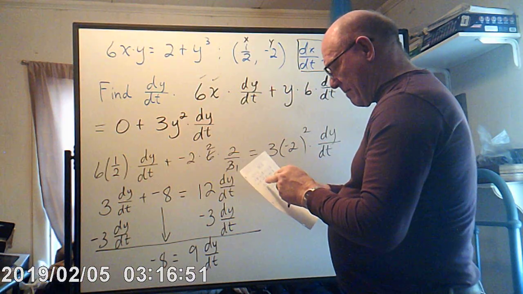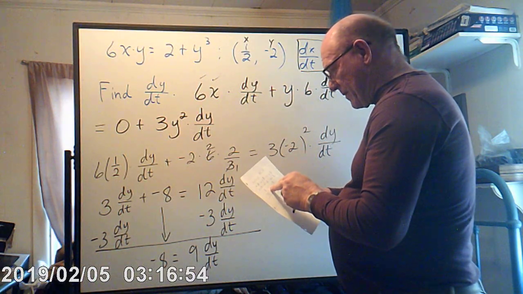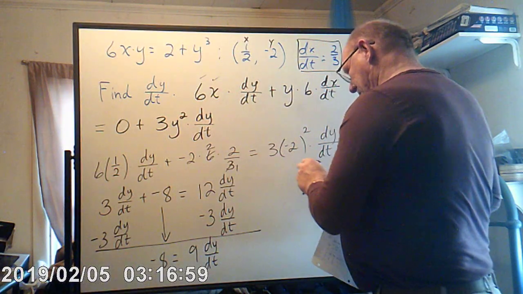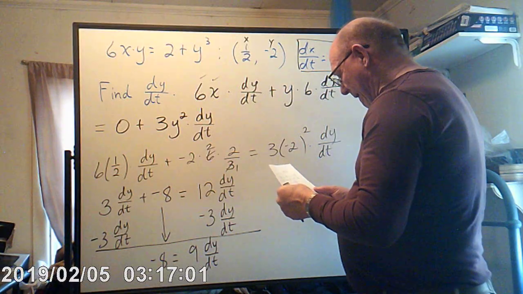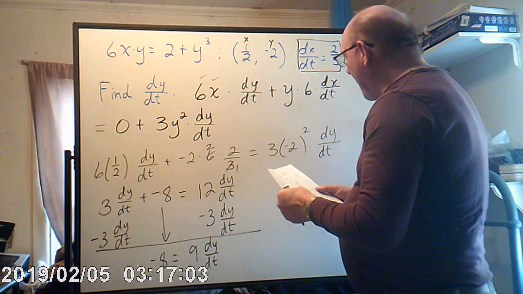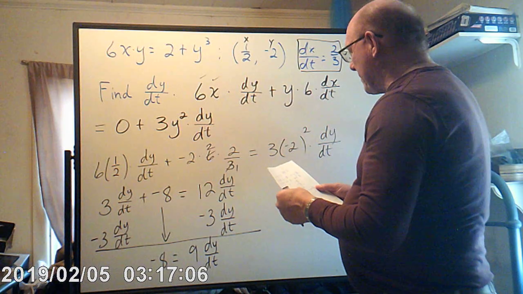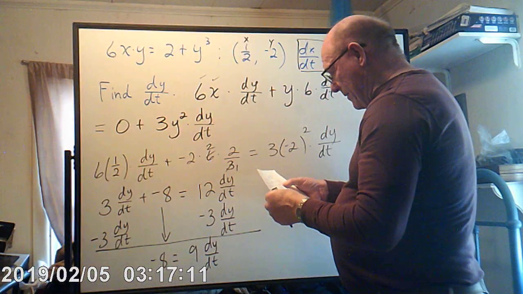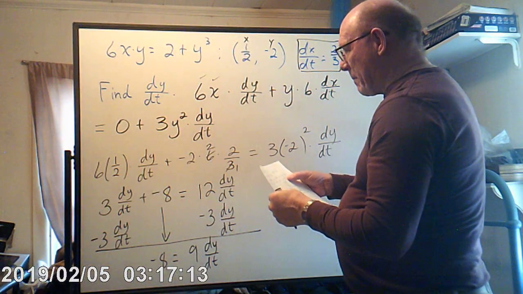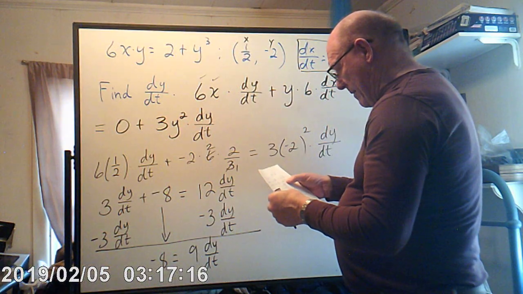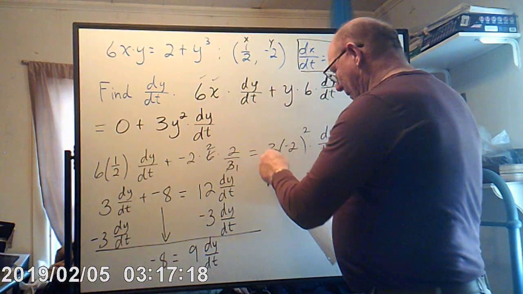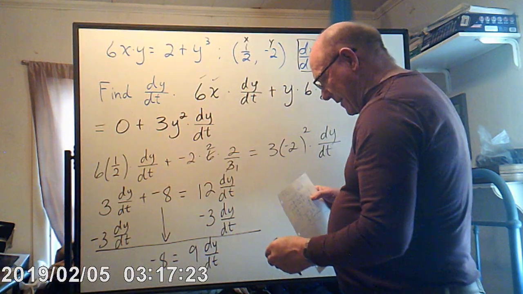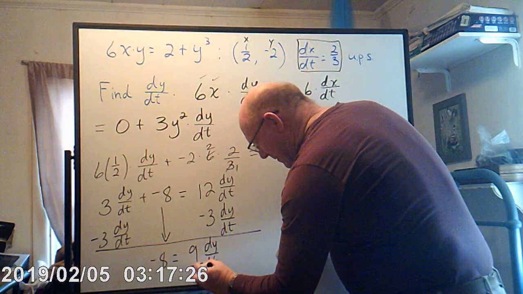Everything looks pretty good so far. This 12 is a 12 negative. Why do I have the 3 negative here? It should not be. Yeah, I have the 3 negative here. I don't know why I have it negative. So far what I see here is this is good.